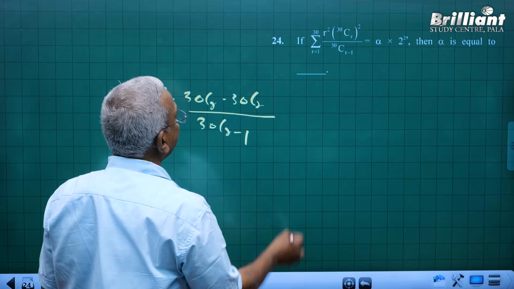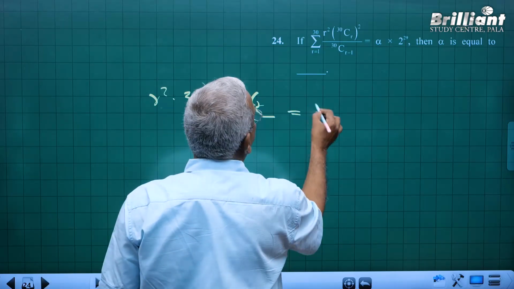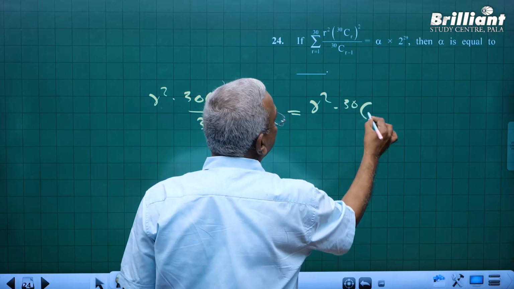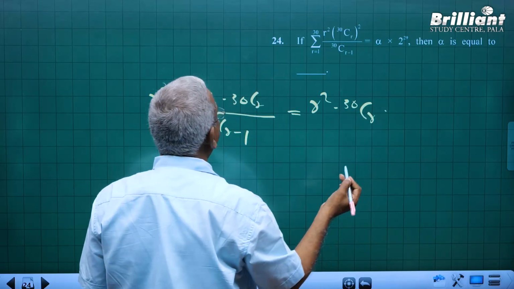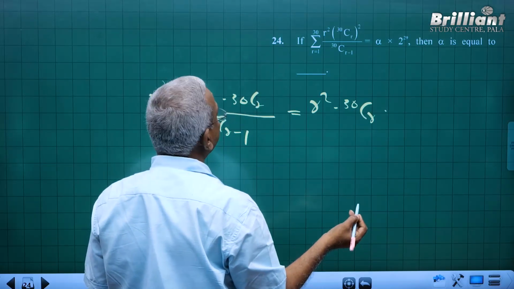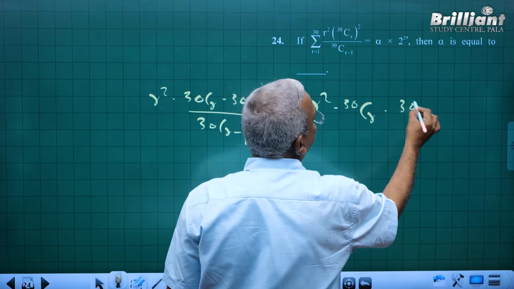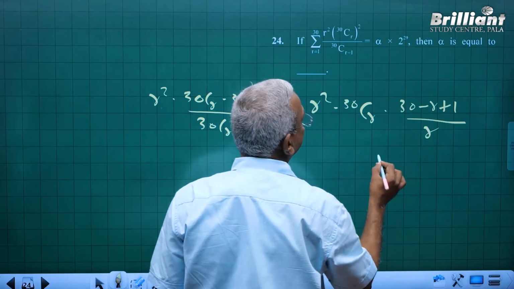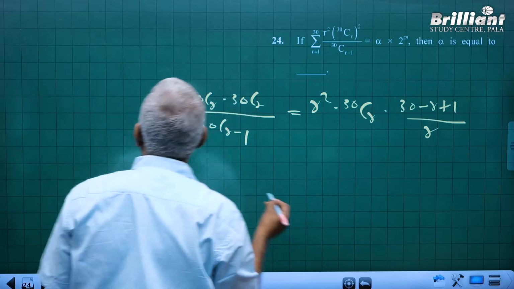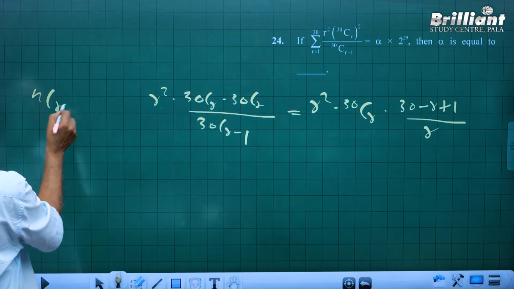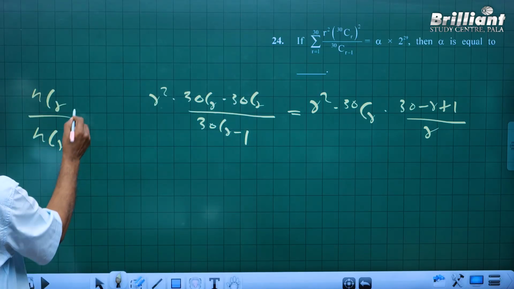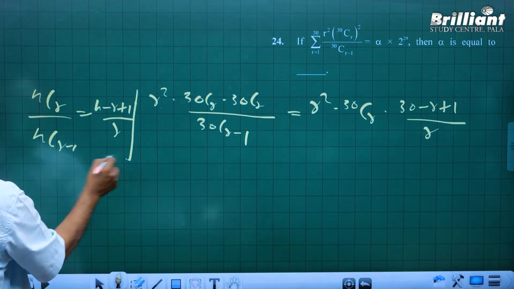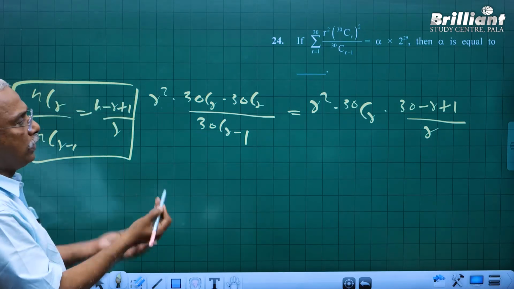This we can write in the form r square into 30Cr into, what is 30Cr by that? It is equal to 30 minus r plus 1 divided by r. By this, you know, nCr divided by nCr minus 1 is equal to n minus r plus 1 by r. This is the formula for that. Otherwise, we can put that and find it.